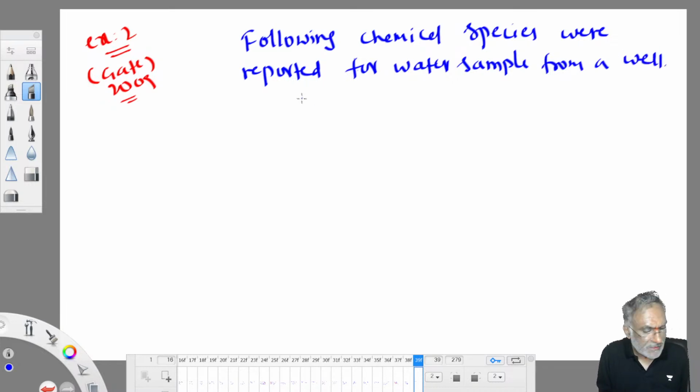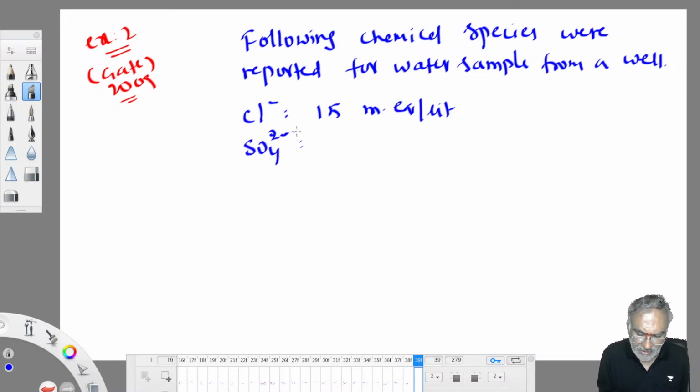He has given chlorides, equal to 15 milliequivalents per liter. Concentrations are given in milliequivalents per liter. Sulfates, SO4 2 minus, 15 milliequivalents per liter. Carbonates, CO3 double minus, or they can also write 2 minus, is given as 0.5 milliequivalents per liter.